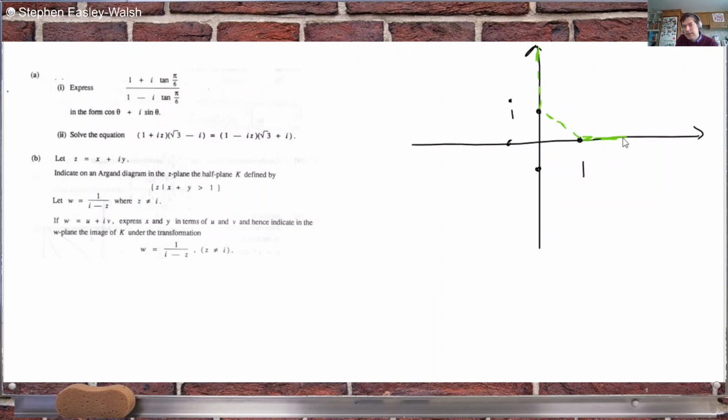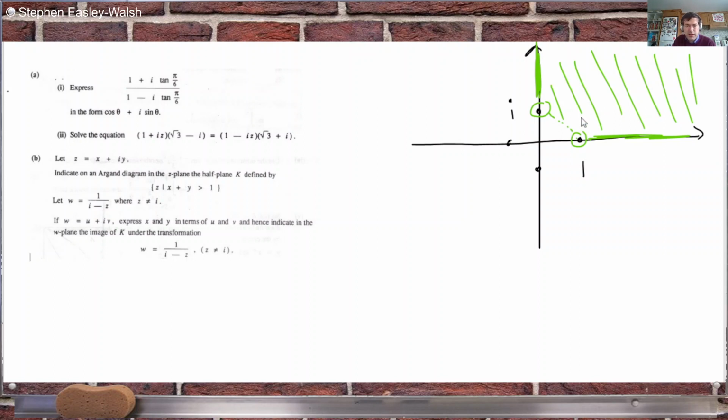Well, I want to make this clear. Because it's open, I'll just put a circle here, dotted line here, and solid line here, solid line here. Okay, so I think that's it.